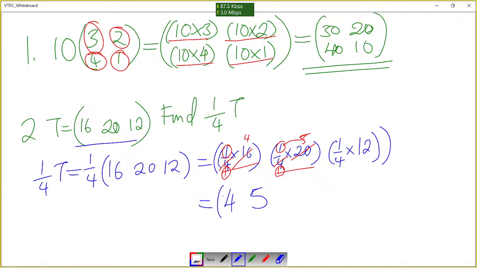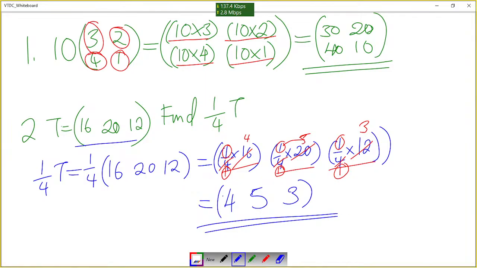Then we come here. We say 4 into 4, 1. So 4 into 12, it will be 3. Then 1 into 1 will give us 1. 1 times 3 will give us 3. So we write 3 here, and this is the final matrix.